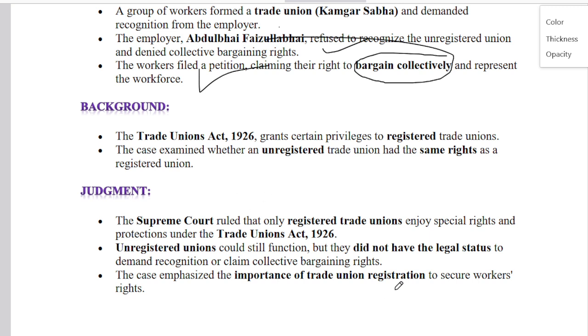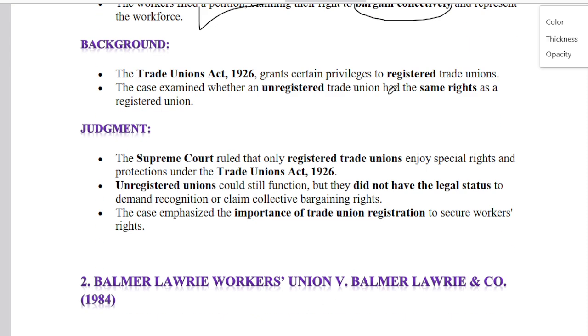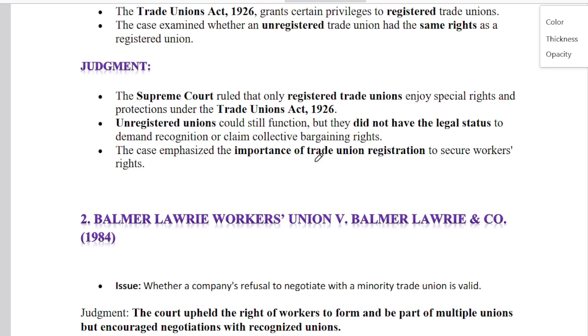The Supreme Court held that a registered trade union enjoys special rights and protection under the Trade Union Act 1926. Unregistered unions could still function, but they did not have the legal status to demand recognition and claim collective bargaining rights. In upcoming classes, we will definitely take a class on how to register and what the eligibilities are.